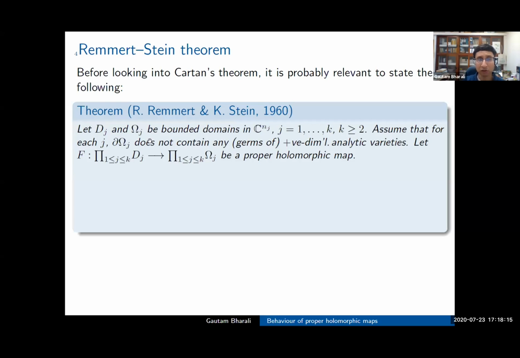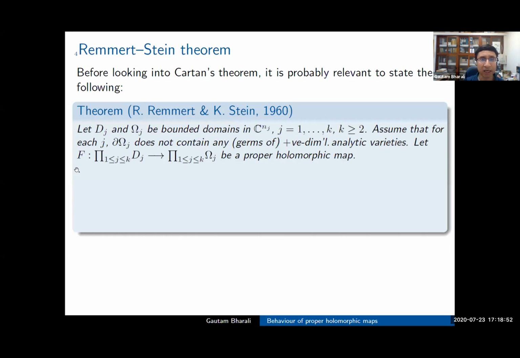I also want a condition on the boundary geometry, for these target Omega_j's. Assume that the boundary of Omega_j does not contain any analytic varieties of positive dimension. What I simply mean is that the boundary does not contain even germs of non-trivial analytic varieties. So planar domains would satisfy this condition.